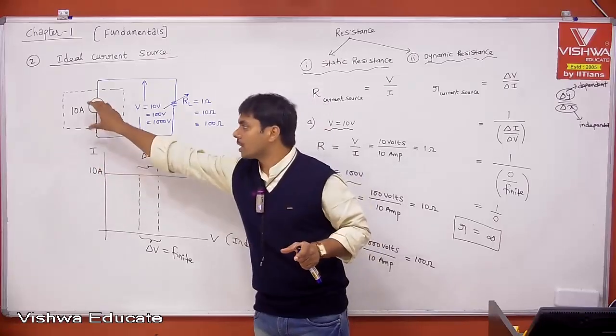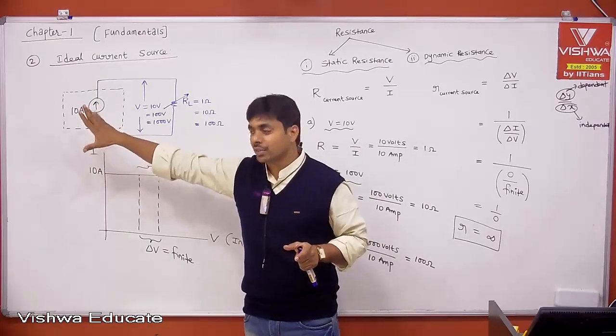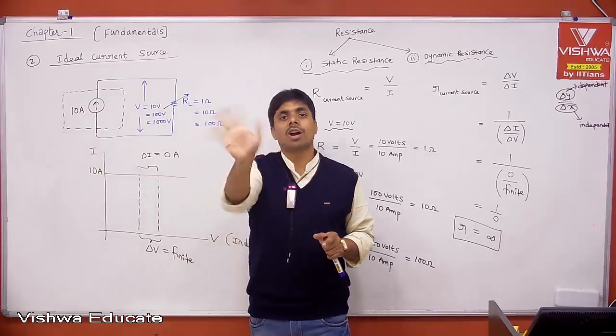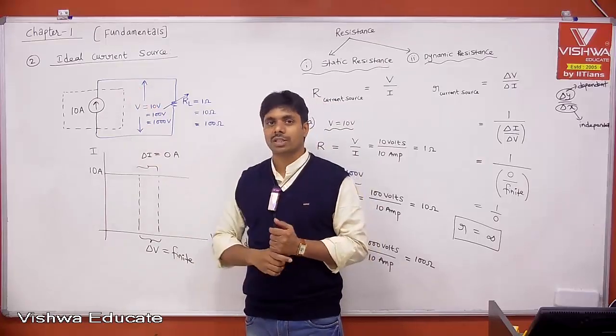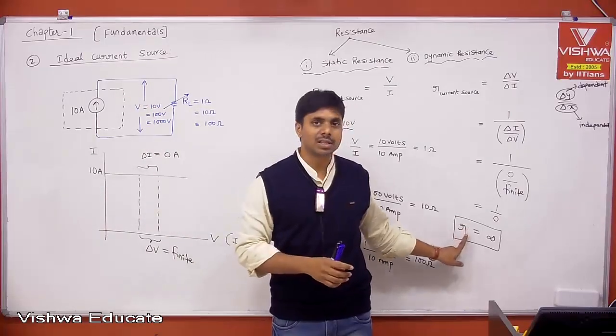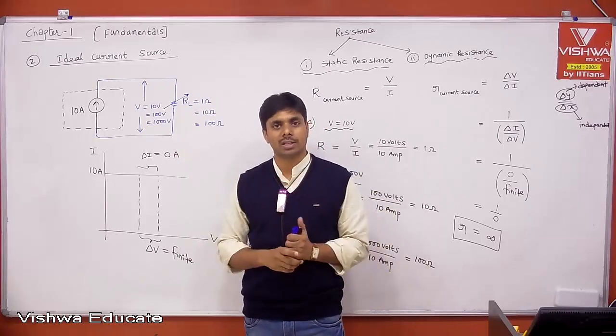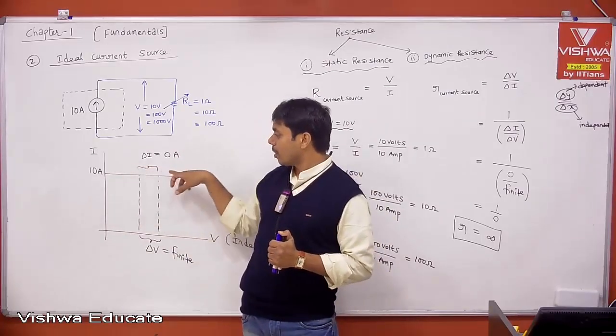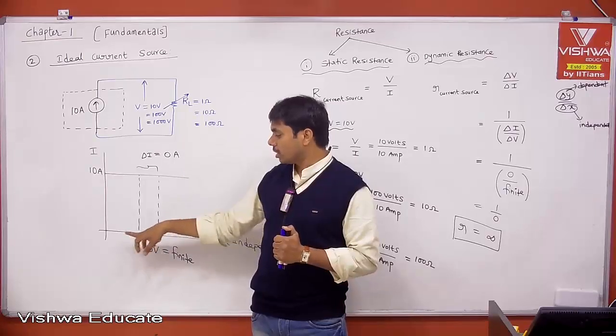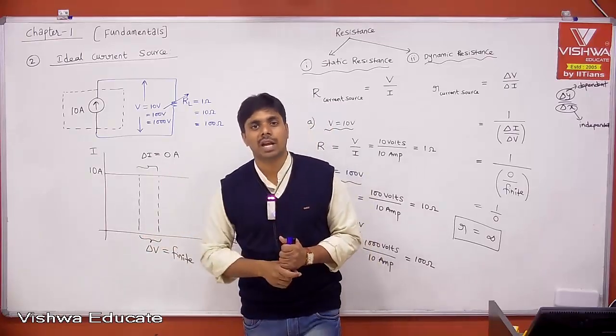That doesn't mean that it is open circuit. There is a current which is 10 ampere, but the 10 ampere is not changing with respect to the voltage across it. Therefore, the meaning of dynamic resistance is that the change in the quantity is opposed, meaning there is no change in the quantity. There is no change in the current, even though there is a change in the voltage. That is the meaning of dynamic resistance.